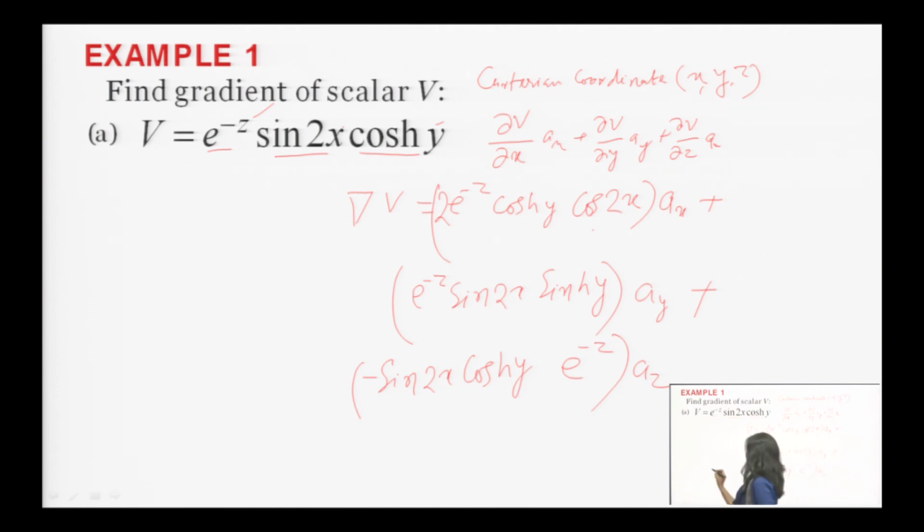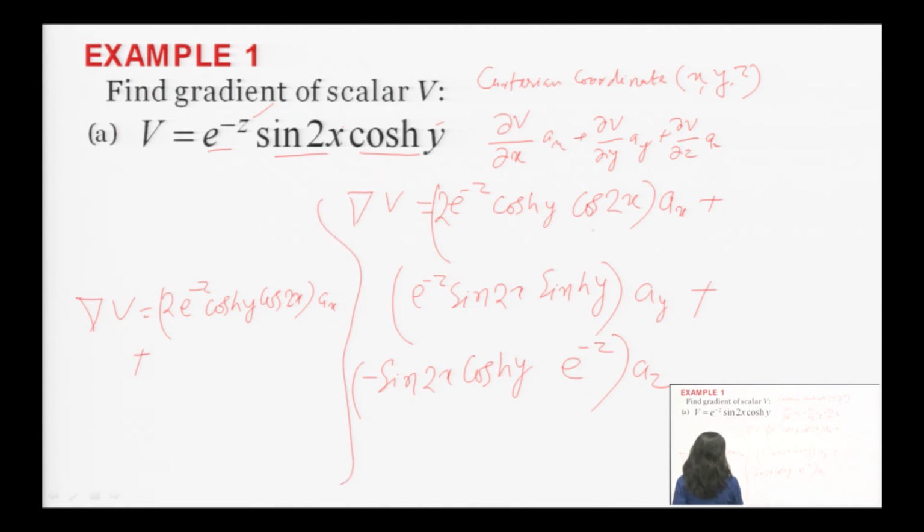We can simplify it and write del V equal to 2 e to the power minus z cosh y cos 2x ax plus e to the power minus z sin 2x sinh y ay and minus, because here the minus is there, minus sin 2x cosh y e to the power minus z multiplied by az.